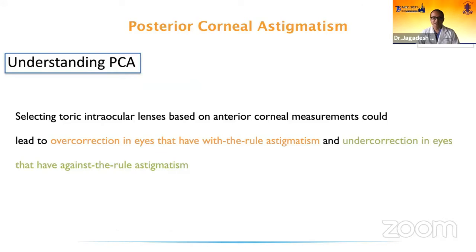In a nutshell, if you select an intraocular lens using only anterior corneal curvature measurements, it will lead to overcorrection in eyes with with-the-rule astigmatism, and undercorrection in eyes with against-the-rule astigmatism.